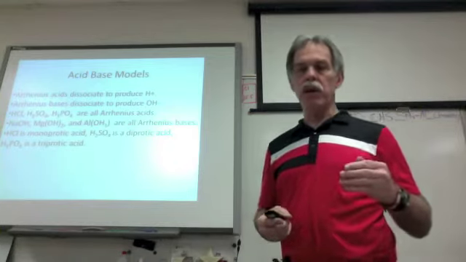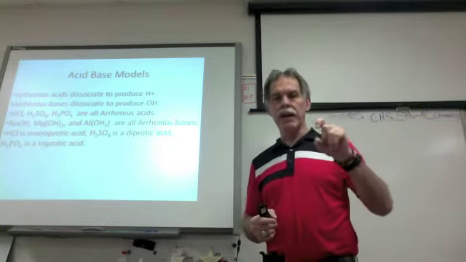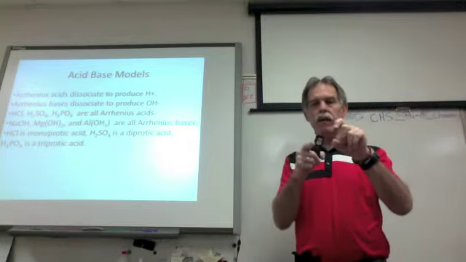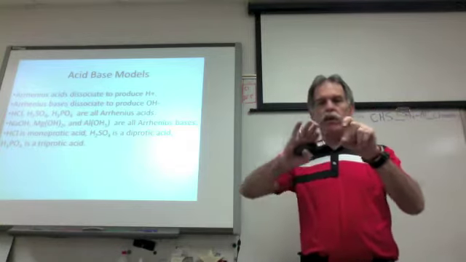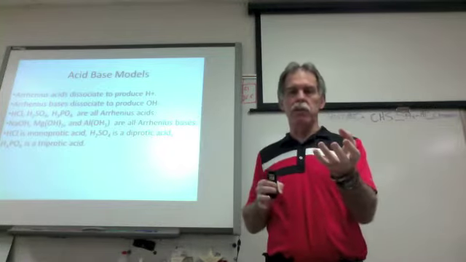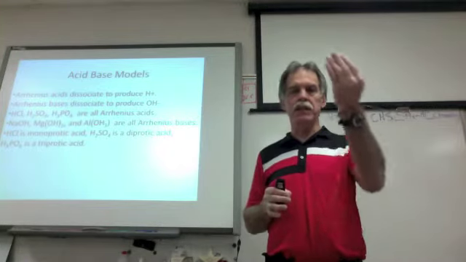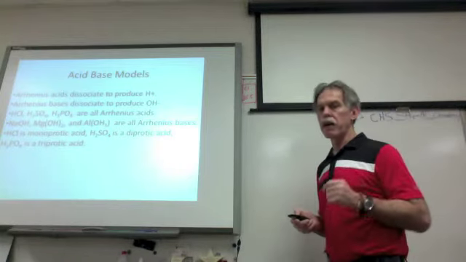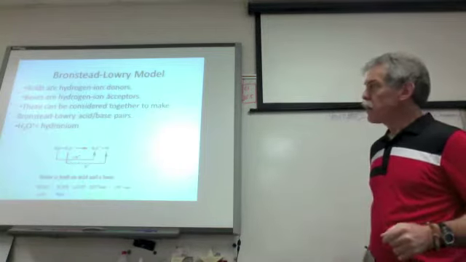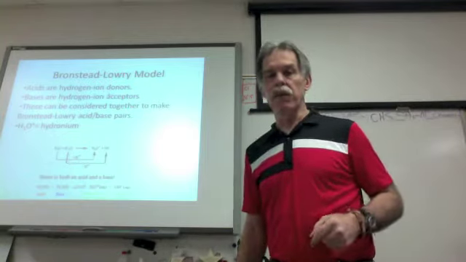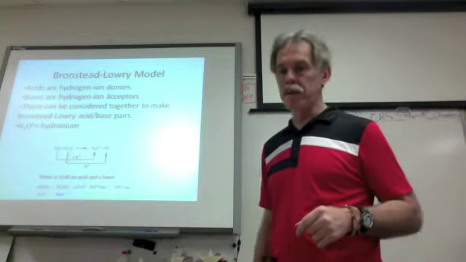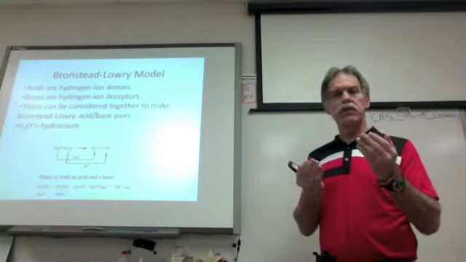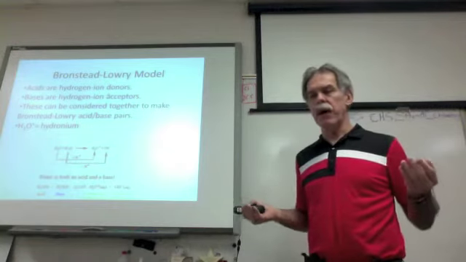And that term protic comes from the fact that H+ started as H with one electron and one proton. When the electron goes away, all we have left is a proton. So H+ is actually a free proton that's floating around. Mono, di, and triprotic. So the second model that we're going to talk about is the Bronsted-Lowry model. And Bronsted and Lowry came up with it separately, on their own, about the same time.